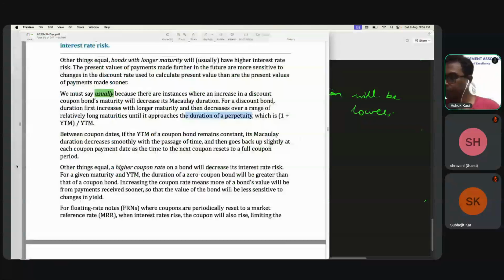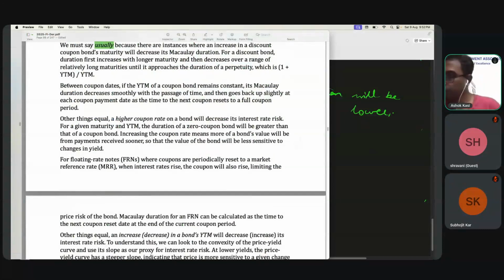Then the next one: between coupon dates, if the YTM of a coupon bond remains constant, its Macaulay duration decreases smoothly with the passage of time and then goes back up slightly at each coupon payment date as the time to the next coupon resets to a full coupon period.